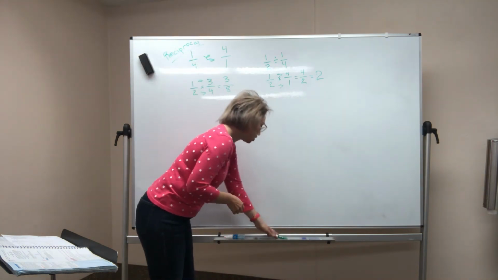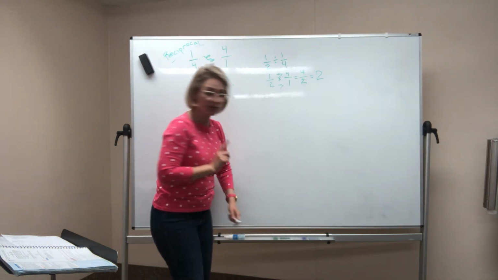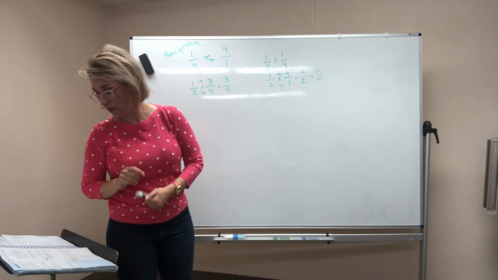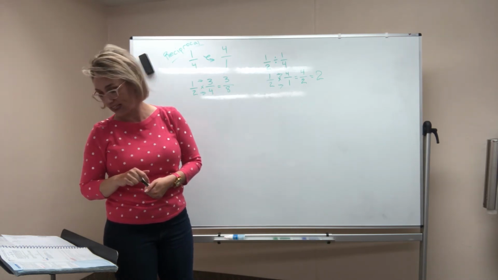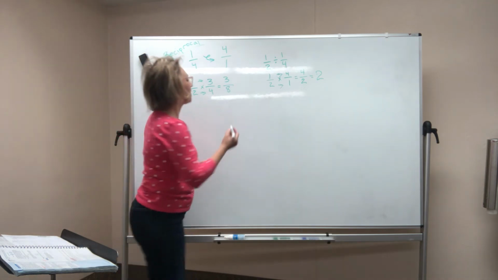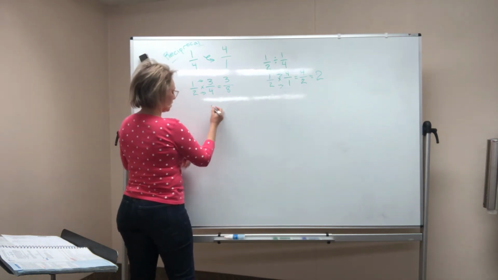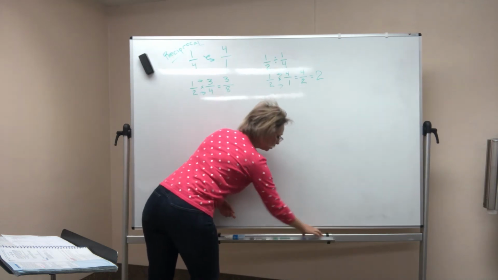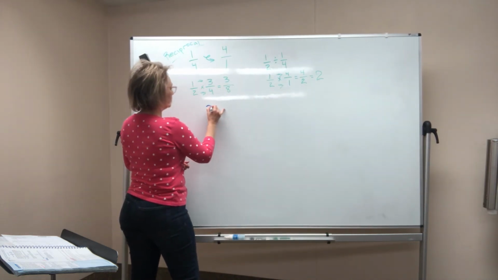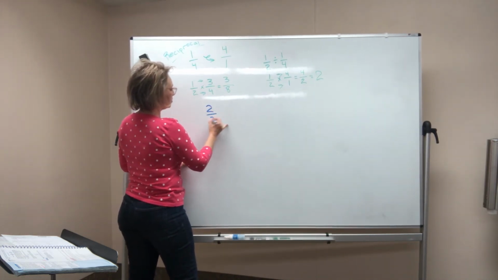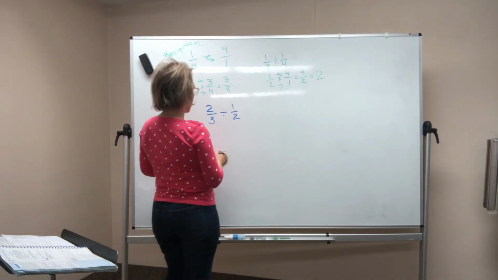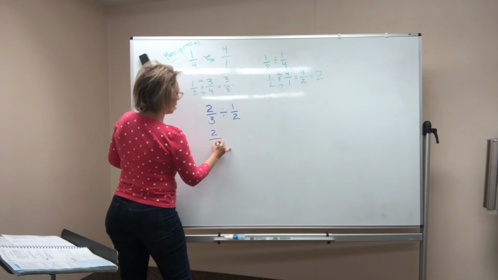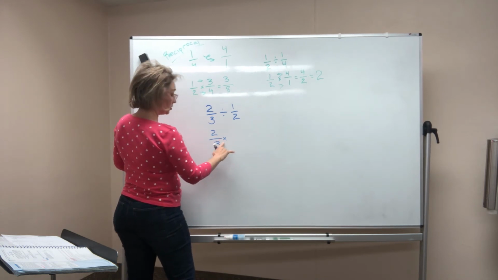Let's try another one. If you look at the examples given in your book, example 1 on page 628 says 2/3 divided by 1/2. Uh-oh, that pen doesn't work. Let's try the blue pen. 2/3 divided by 1/2. Okay, I've got to change it into the reciprocal and a multiplication problem.